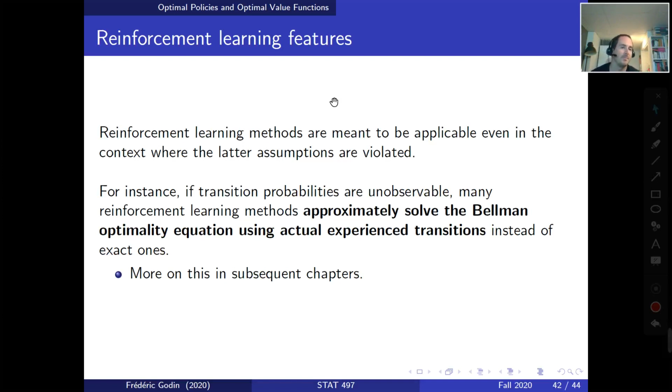In practice, instead of knowing all the probabilities to go to each of the respective states, we can interact with the environment and learn about these transition probabilities as we experience them.